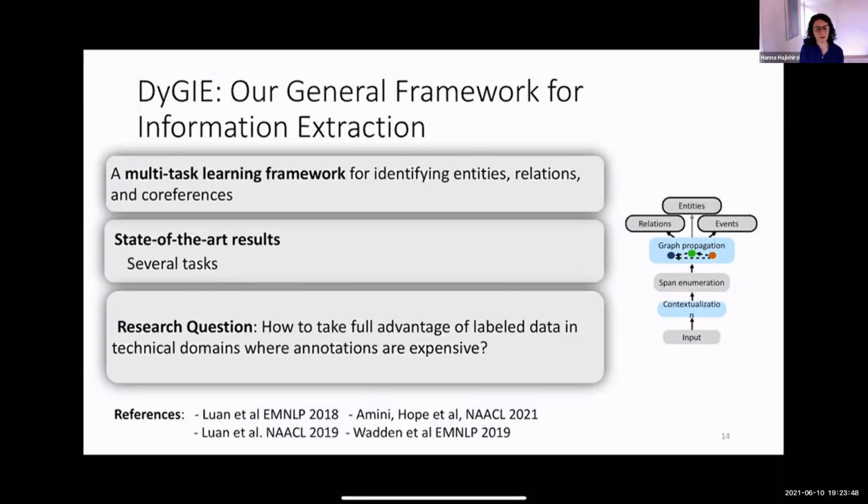And the important research question that we were trying to address here was how we can take full advantage of the smaller scale annotated data that is available in technical and scientific domains, where annotation is very expensive.